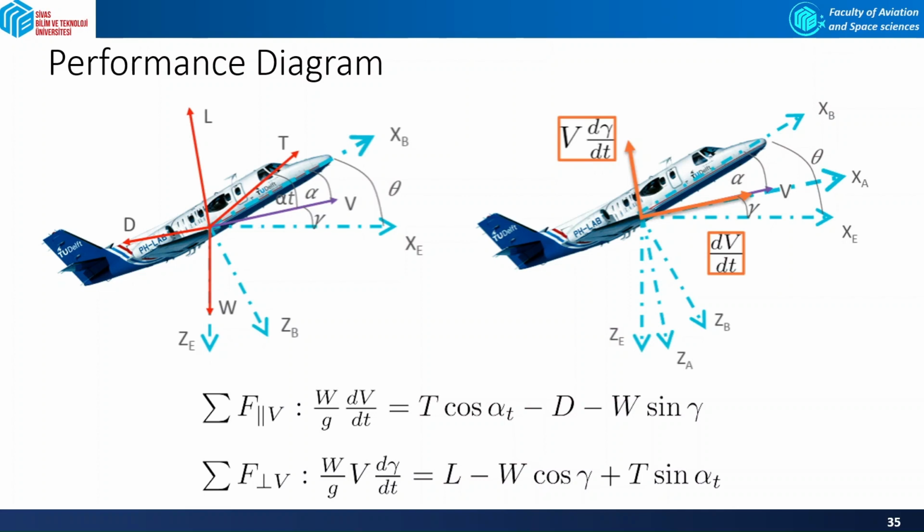As we said, there are two variables in these equations: the speed and the flight path angle gamma. These are state variables. Why? Because they describe the state of the aircraft. And after analyzing the aerodynamic forces like lift and drag and the propulsive force, the thrust, we are able to describe all of these forces as a function of airspeed. Thereby, we can make these equations much simpler.